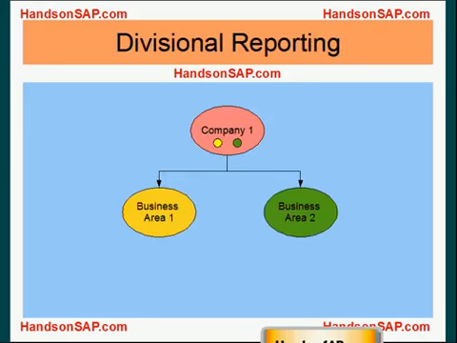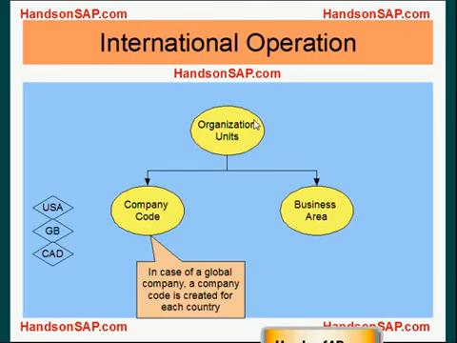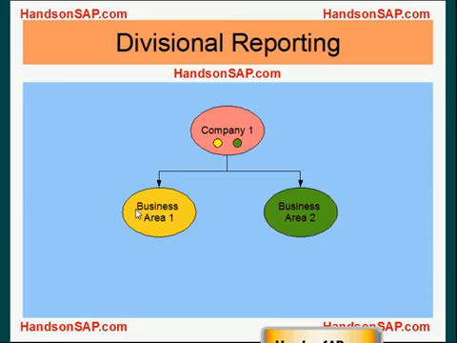Here's an example of divisional reporting. This is company 1, let's say, and this company has 2 departments, yellow and green, and you can produce financial reports at the company level because this company is registered and this company has a company code, and this is a legal entity, so we can produce financial reports for companies anyway, right? So that's not a problem.